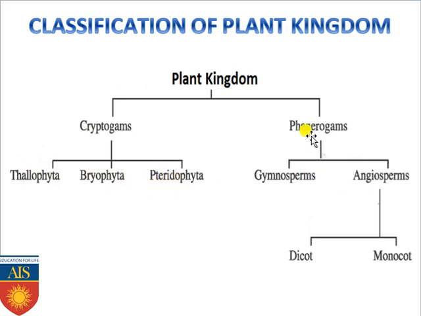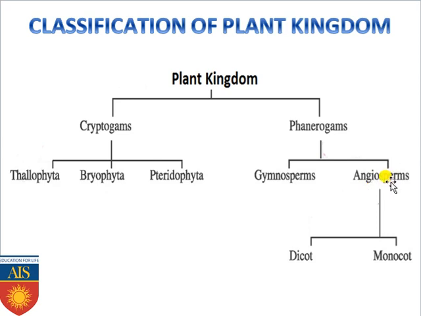And phanerogamy is subdivided into gymnosperm and angiosperm. If you break the word gymnosperm, gymnos means naked and sperma means seed. That means plants in which naked seeds are found are known as gymnosperms. And in plants where the seed is not naked but covered, because angion means covered and sperma means seed, those come under the angiosperm category.